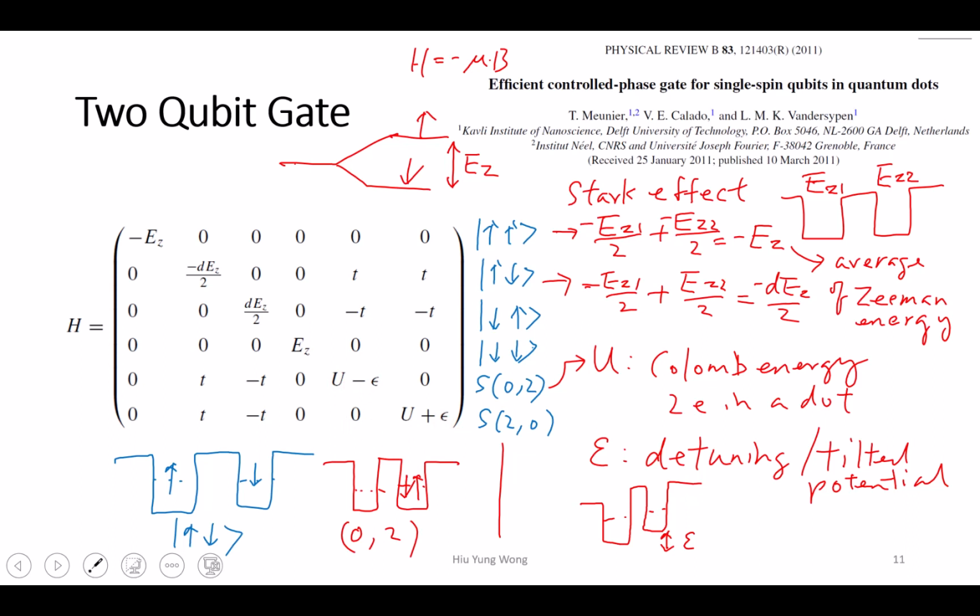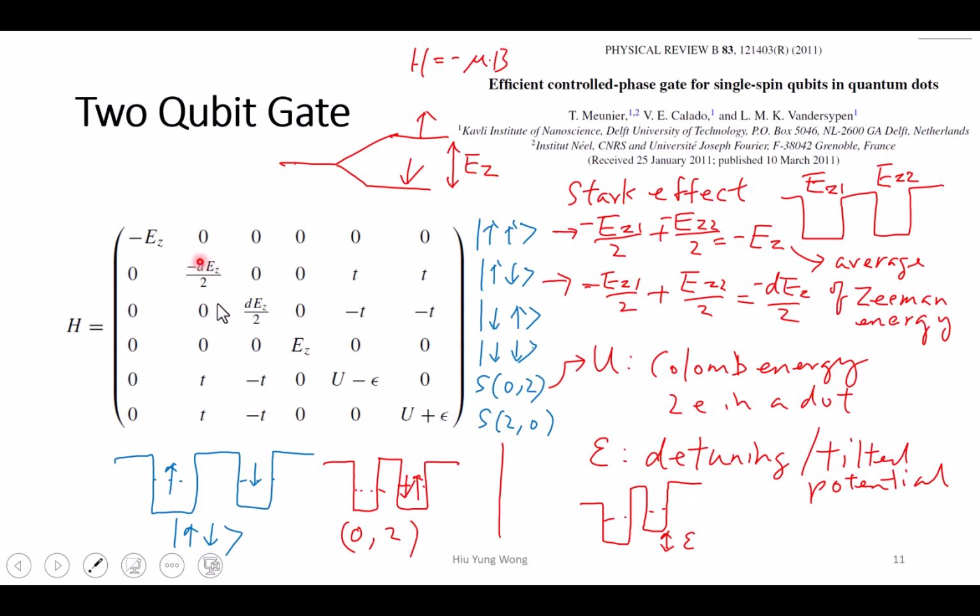So that is to understand this matrix, because that is the Hamiltonian. We try to understand what Hamiltonian the system has, because now we allow it to go to states where you have the two electrons in a single quantum dot.